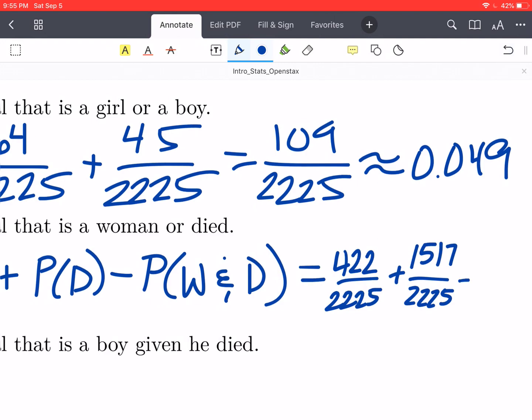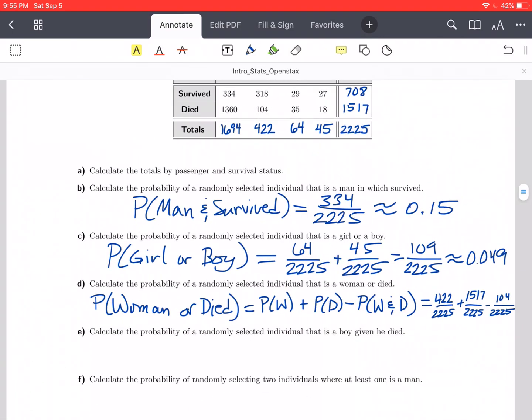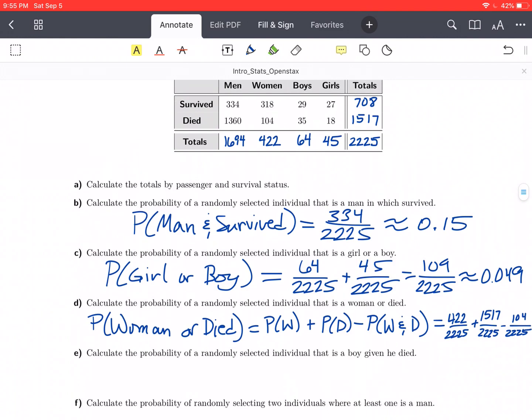And then minus the number of women who died, which if you go back and look in the table, was 104 out of 2,225. So you can see it back up in the table there. That was this item right there. There's the 104.